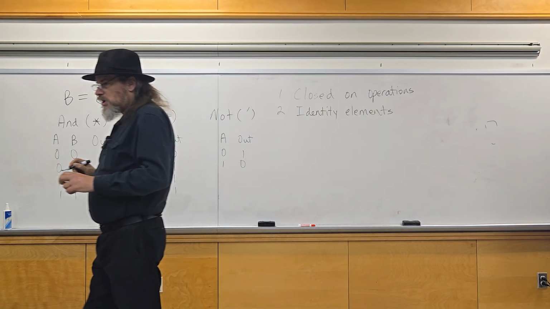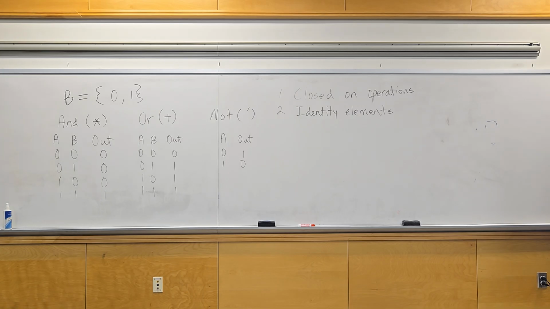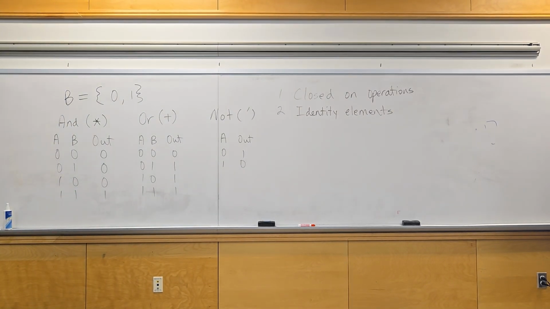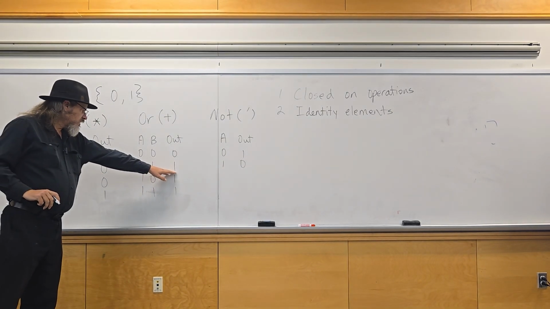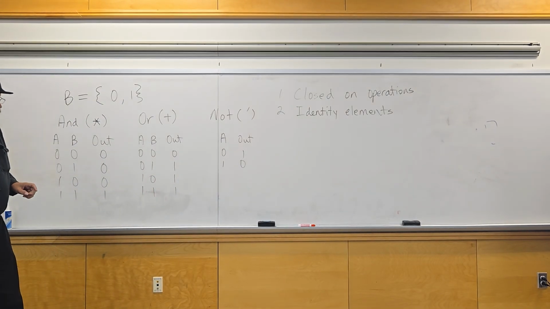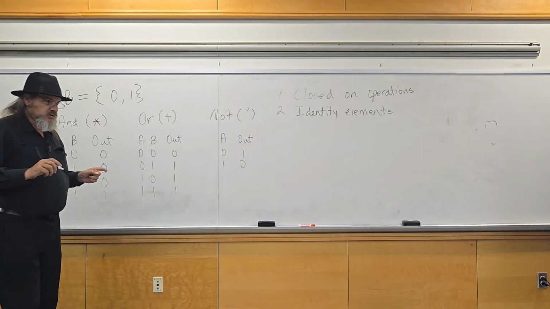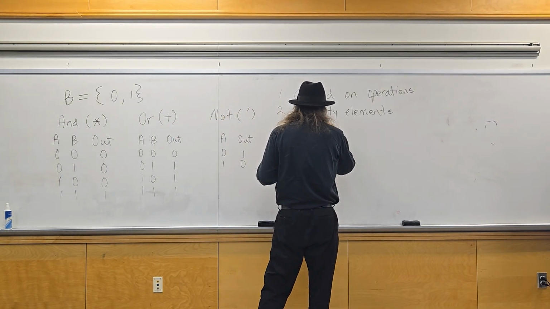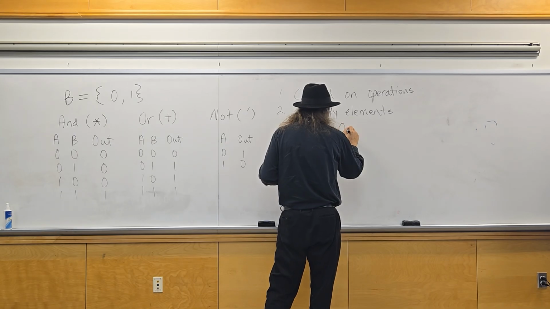So if you have 0 plus 0, it's 0. 0 plus 1 is 1, and 1 plus 0 is 1. Therefore, the identity element for plus is 0.